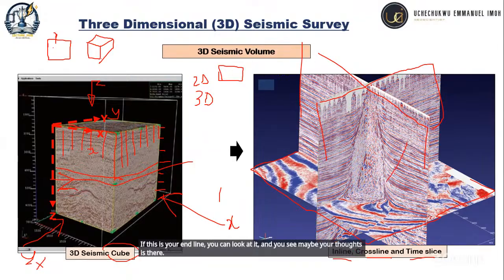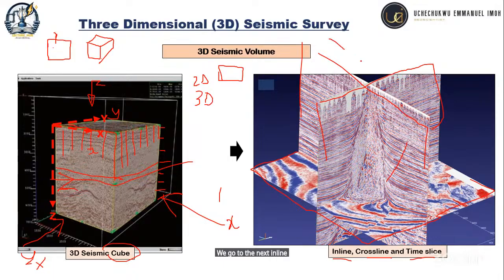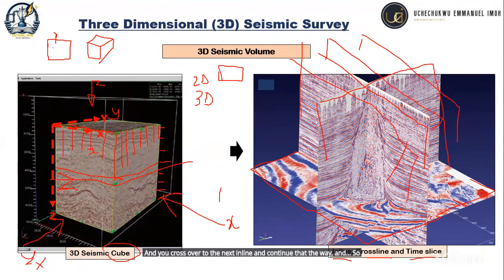You go to the next inline that will cross the data from this side, and you also look at the data from that inline and see if that fault occurs there. You can also map the faults there, and you cross over to the next inline, and so forth and so on. That is the major advantage of the 3D data in terms of resolution and better imaging of the subsurface. Okay.